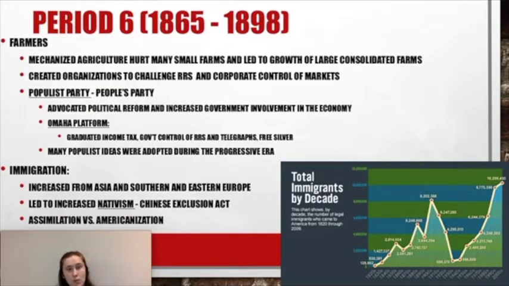And another thing that we're going to see whenever we look at farming at this time is the development of new tools that does not really help the small farmer, but really helps those who can afford to buy these tools and those who are buying and consolidating farms into one large farm.